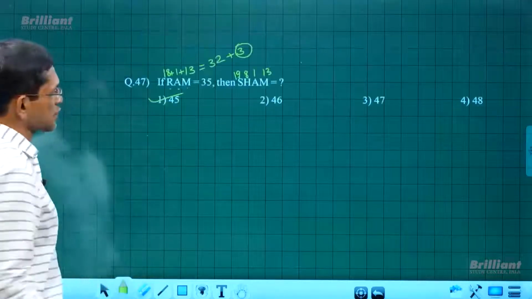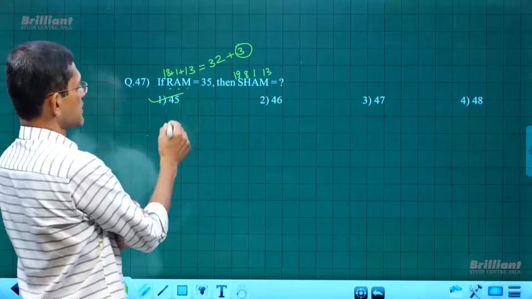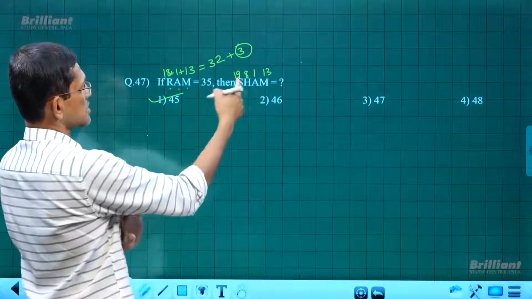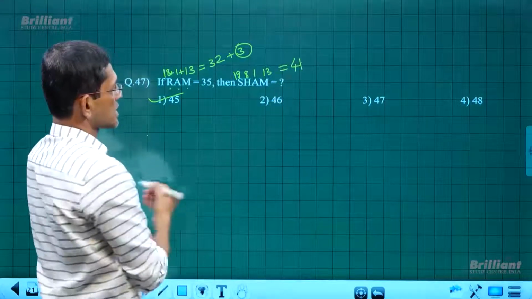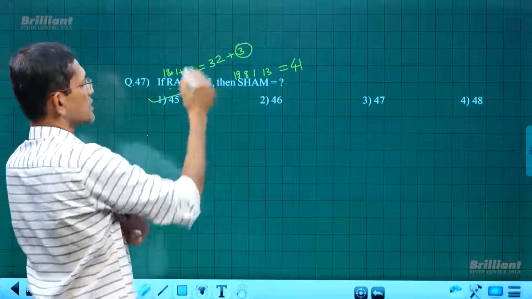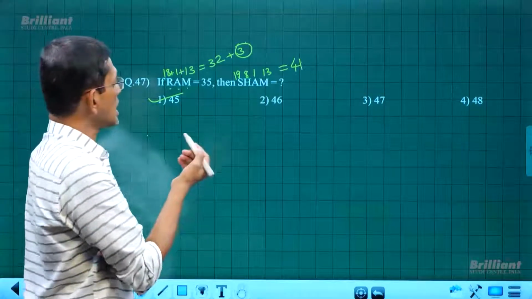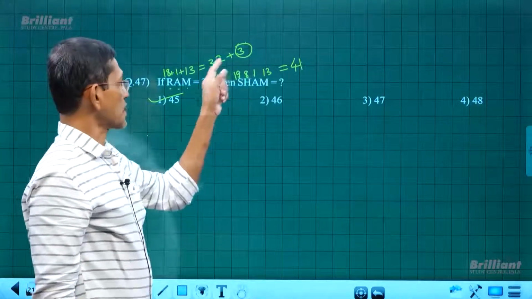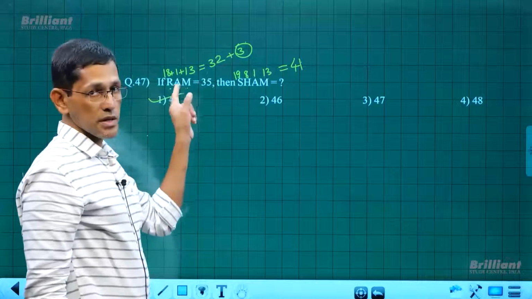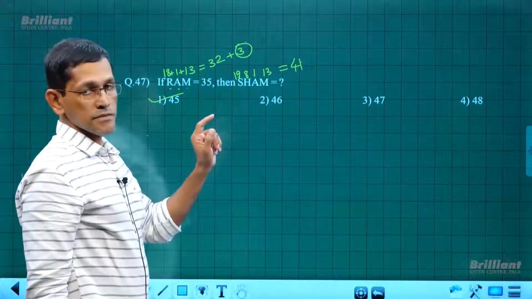In this case, I just want to explain something else as well. This question, well, if you have an answer choice, Sham, when you add it, what you get is 41, right? And in this case, we have added 3. It could be because of 3 letters, or in some cases 3 can be taken as a constant as well, because 3 is added here, and 3 can be added here as well, right?